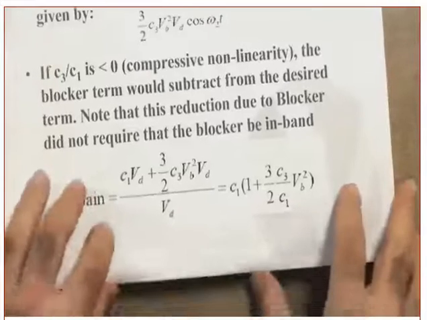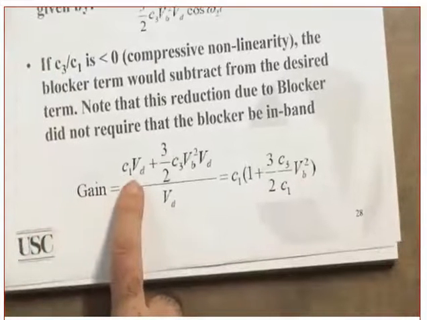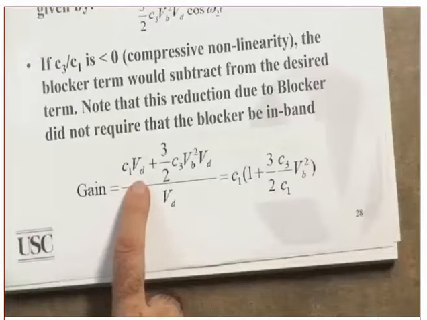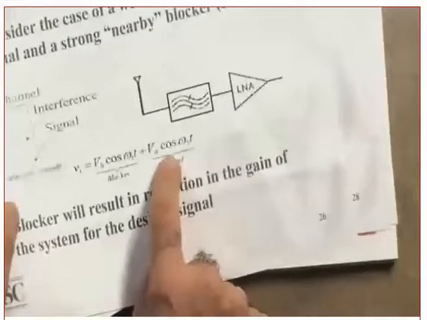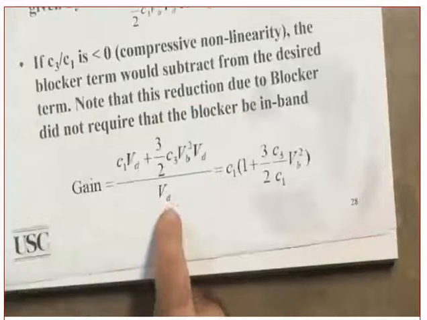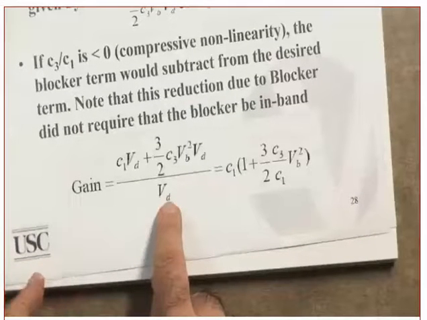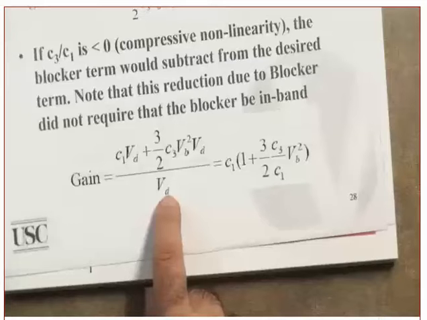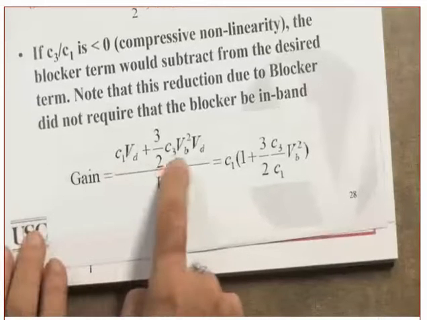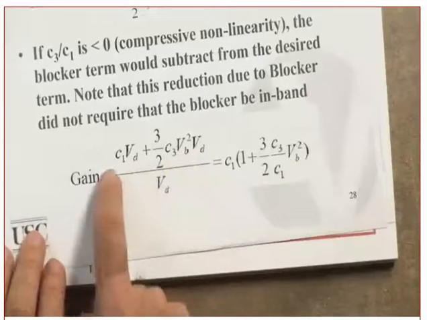Yes? What is it? Tell me where this term came from. C1 V_D. Where is it? That's from the linear component when the input is this guy. Yes or no? So what is this? This V_D is what? Is the amplitude of the what? Of the input at the fundamental. What fundamental? Omega 2. Where is this coming from? Explain, this one coming from where?